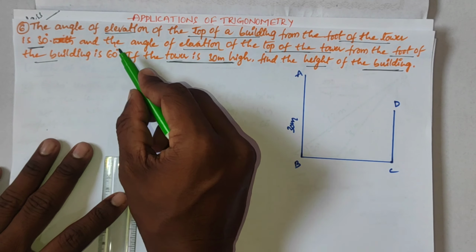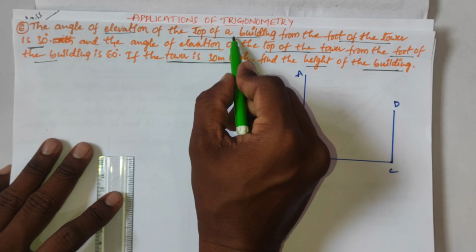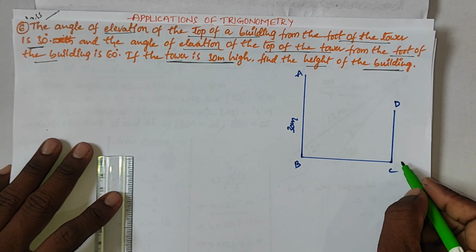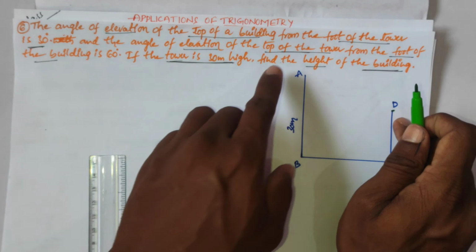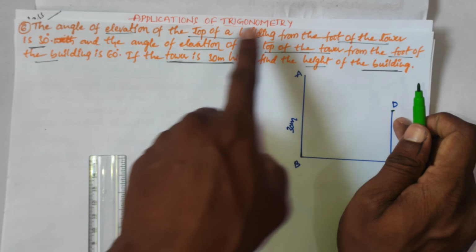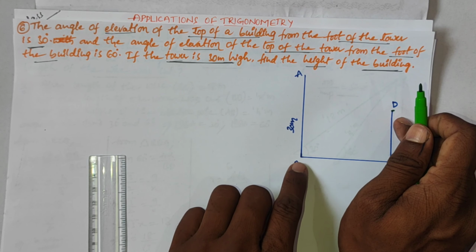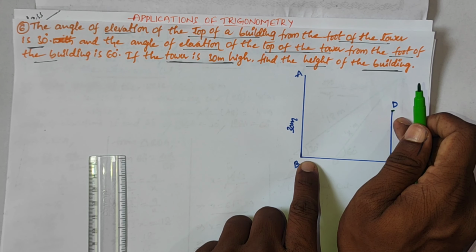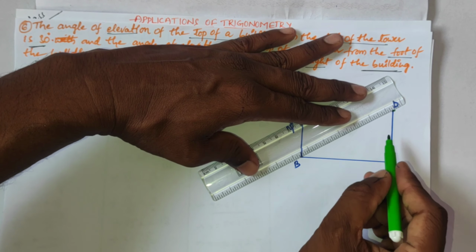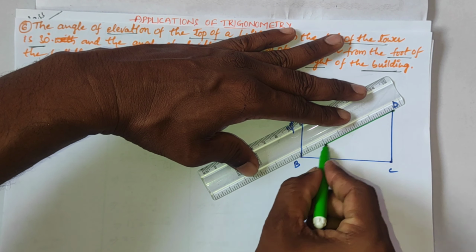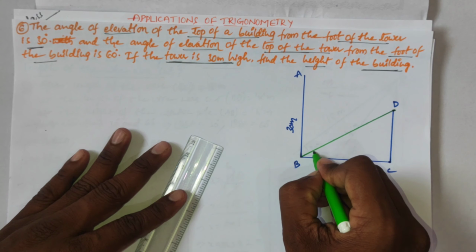Now coming to the question, the angle of elevation of the top of a building. Top of a building is D here. Top of the building from the foot of the tower is 30 degrees. Foot of the tower is B here. Right? Now the angle of elevation is given as 30 degrees. Is it clear first?